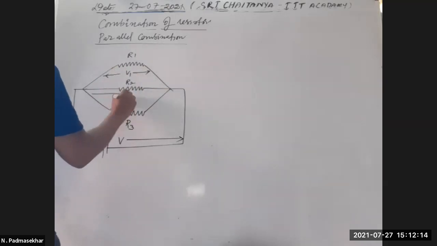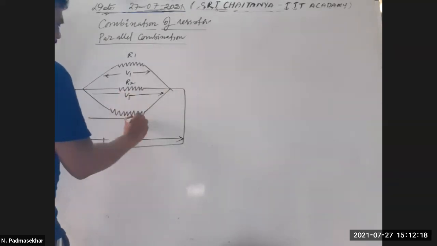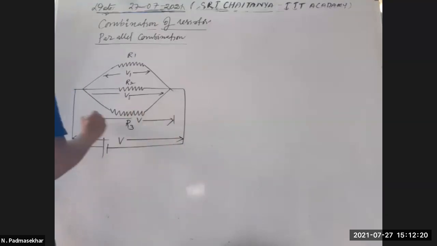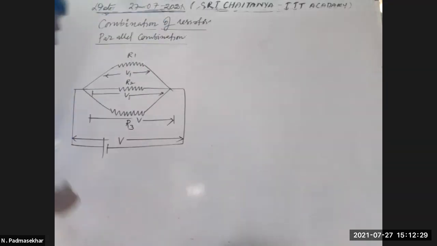The potential across the second one is V only. The potential across the third one is V. So potential remains constant. But the current is splitting here. Current is divided. I will come like this.